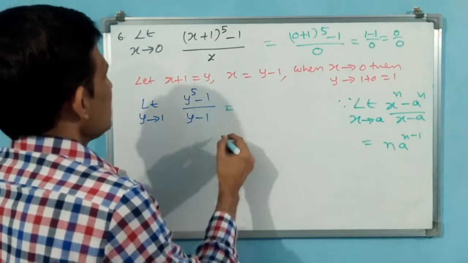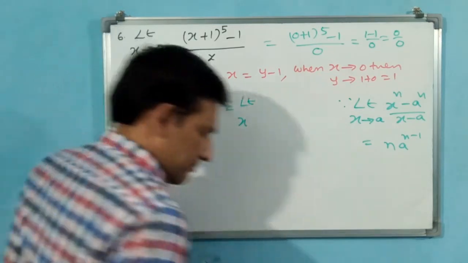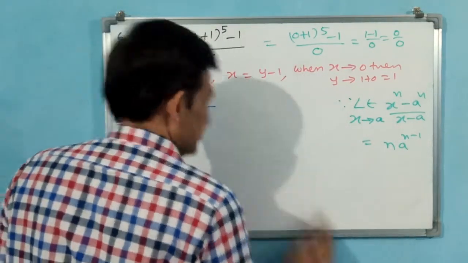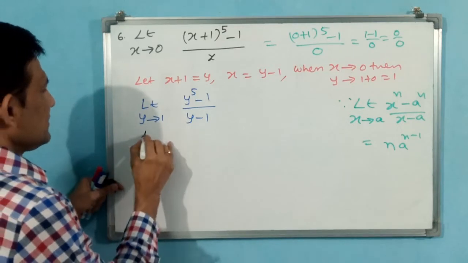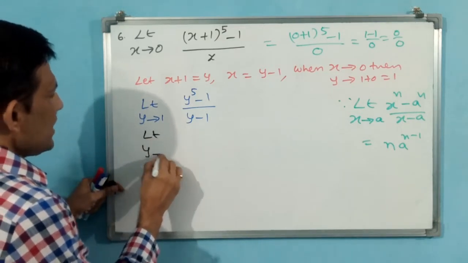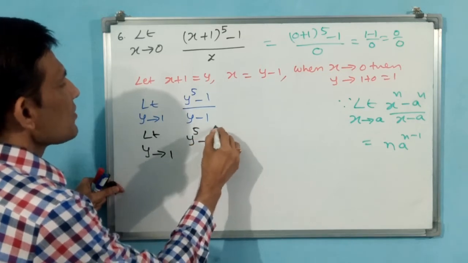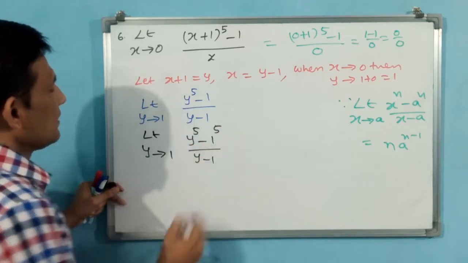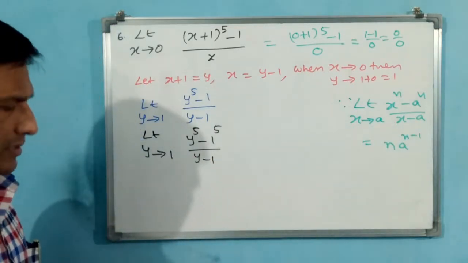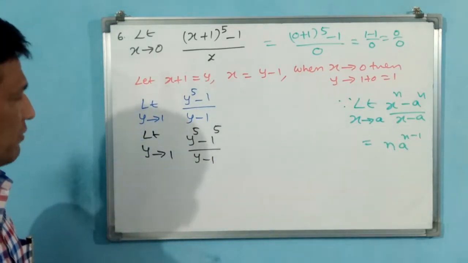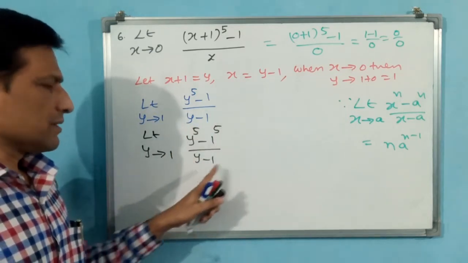This is equal to limit y tends to 1, y to the power of 5 minus 1 to the power of 5 by y minus 1. Now exactly this is like this equation: limit x tends to a, x to the power of n minus a to the power of n by x minus a.